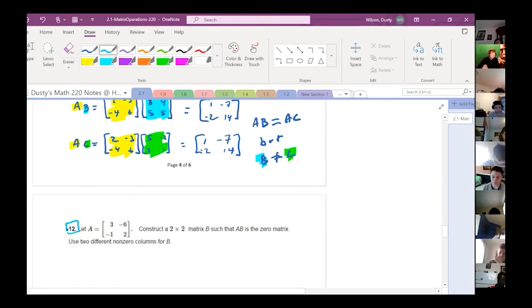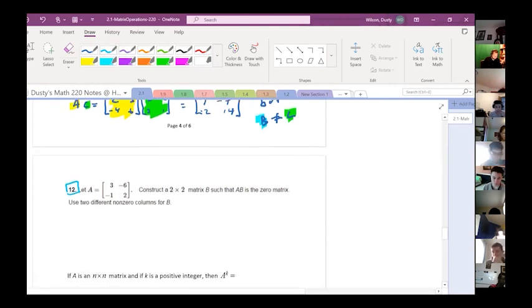Yeah. So here we have let A equal 3, -6, -1, 2. And I want to construct a 2 by 2 matrix B such that AB is the 0 matrix, but B is actually interesting.